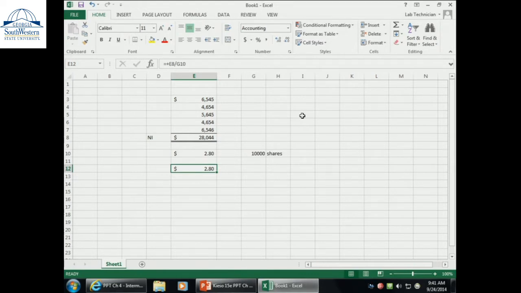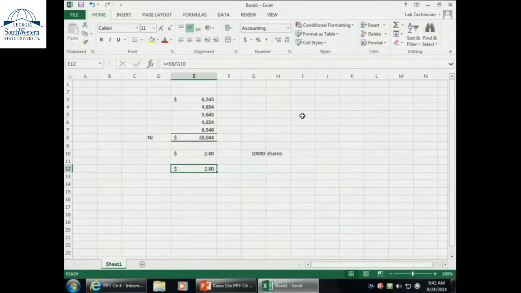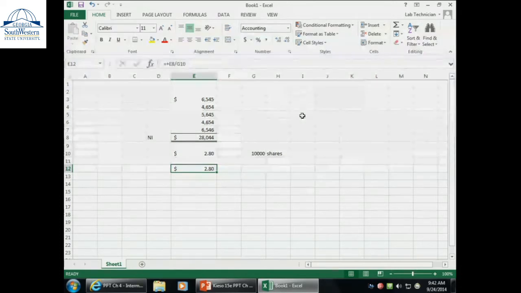Because preferred dividends are more automatic and they get them first, we're really more concerned about the common shareholders in this formula for earnings per share. So we subtract out the dividends that are going to the preferred stock. And it's the weighted average number of shares of common stock.